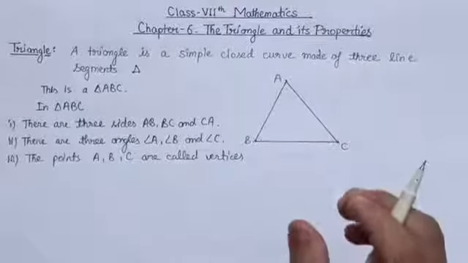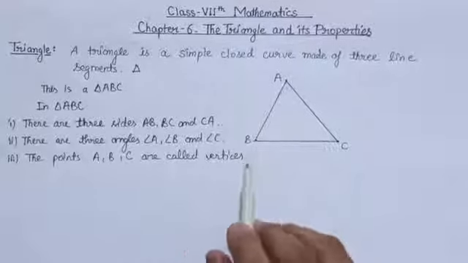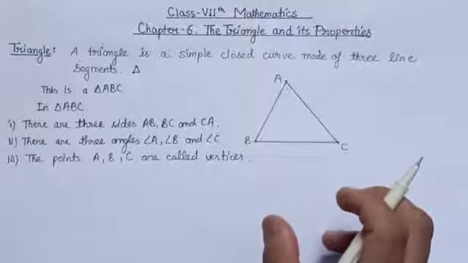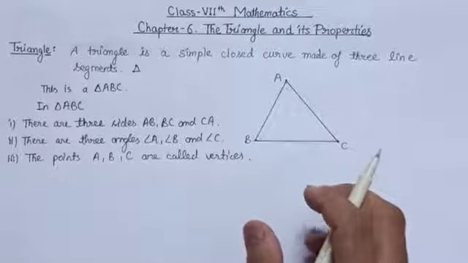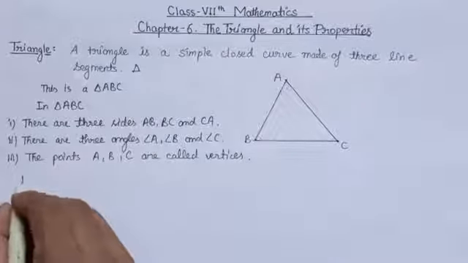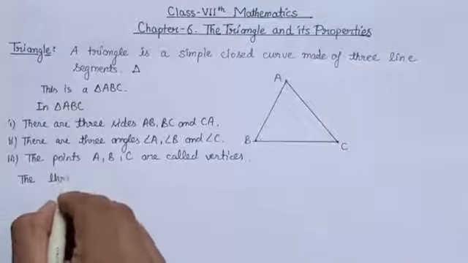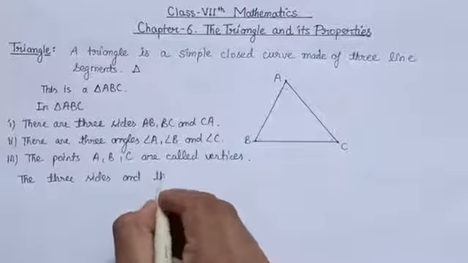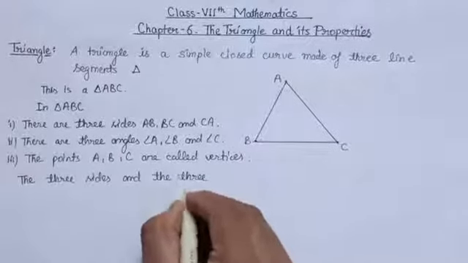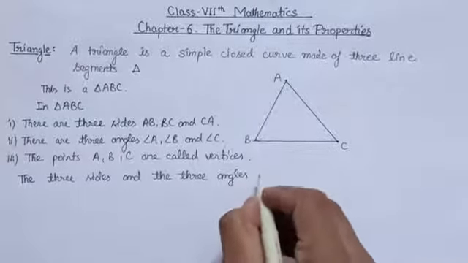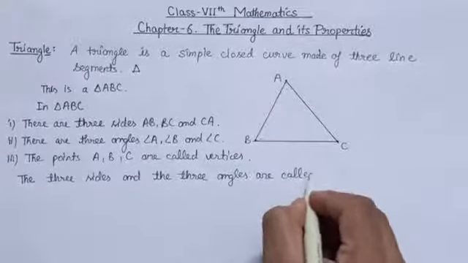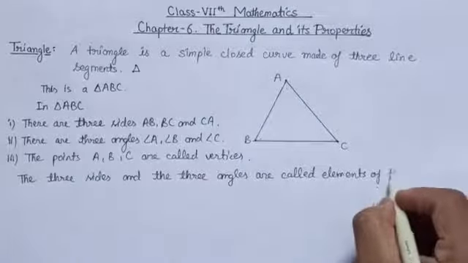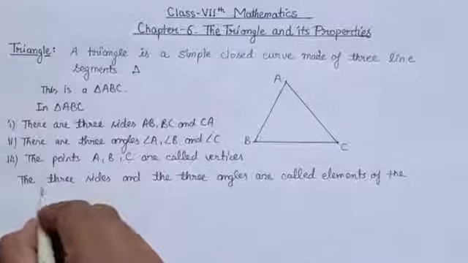Now students, in every triangle there are 3 sides and 3 angles. The 3 sides and 3 angles of a triangle are known as the elements of the triangle. So let us write: the 3 sides and the 3 angles are called elements of the triangle.